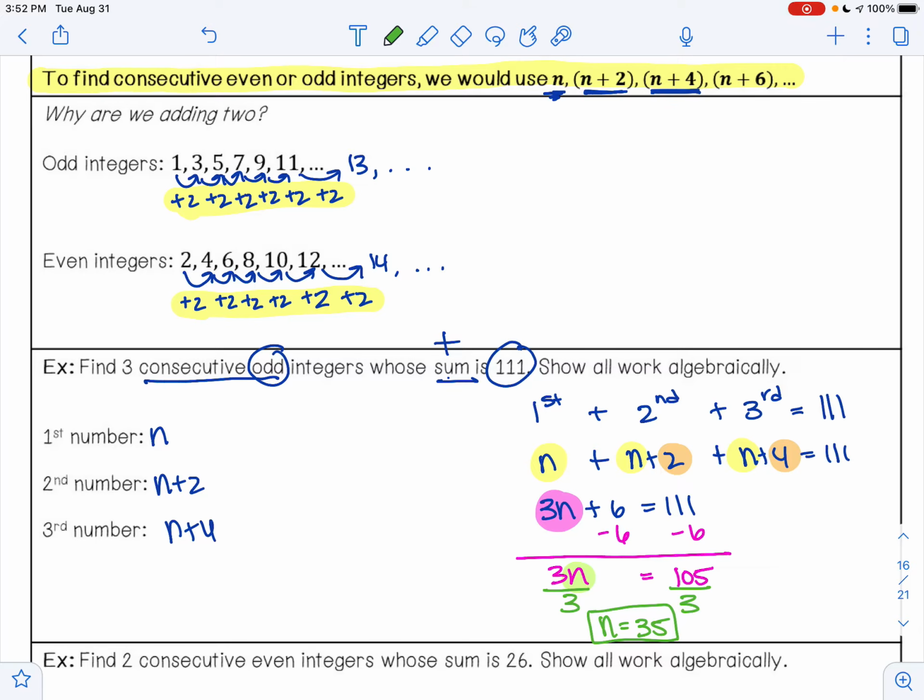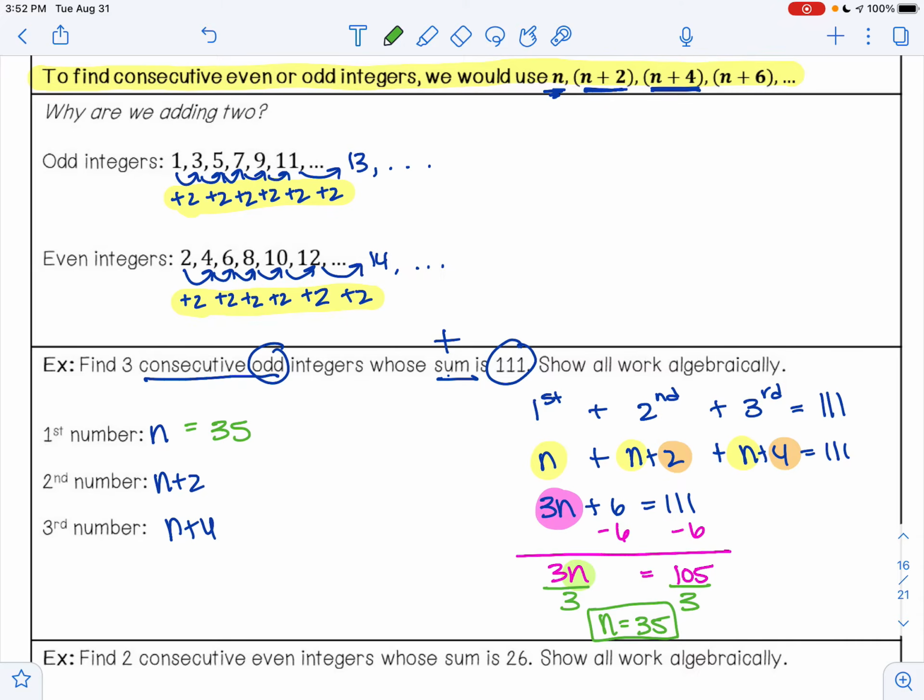So that means my first number is 35. My second number will be 35 plus 2, which is 37. And my third number will be 35 plus 4, which is 39. Notice how I have all odd integers.